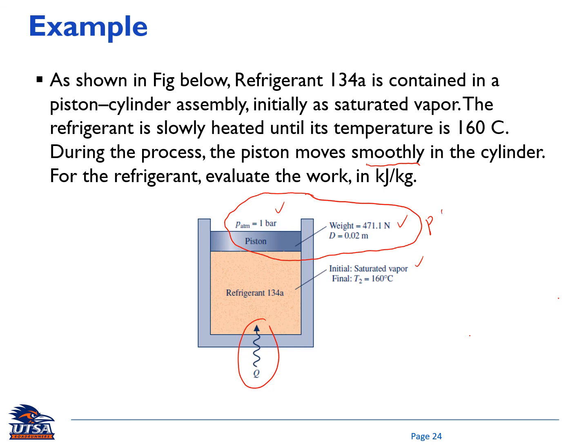Then you need to use table A3, right? And then the final condition is T2 at 160 degrees C. It is heated from saturated vapor, so it means state 2 here will be superheated. It will be on the right side of the dome.